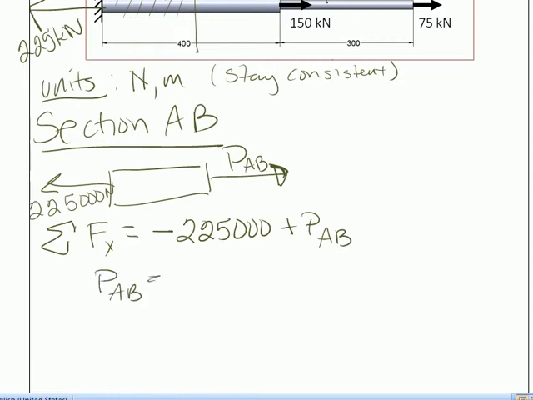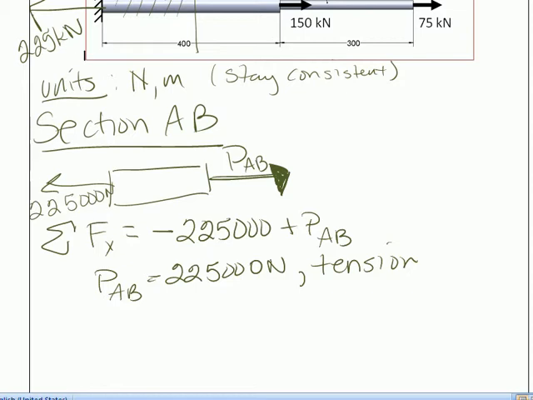Tells us that PAB is equal to 225,000 newtons, and the fact that this is pointed away from the cut face tells us that this internal force is a tension force.